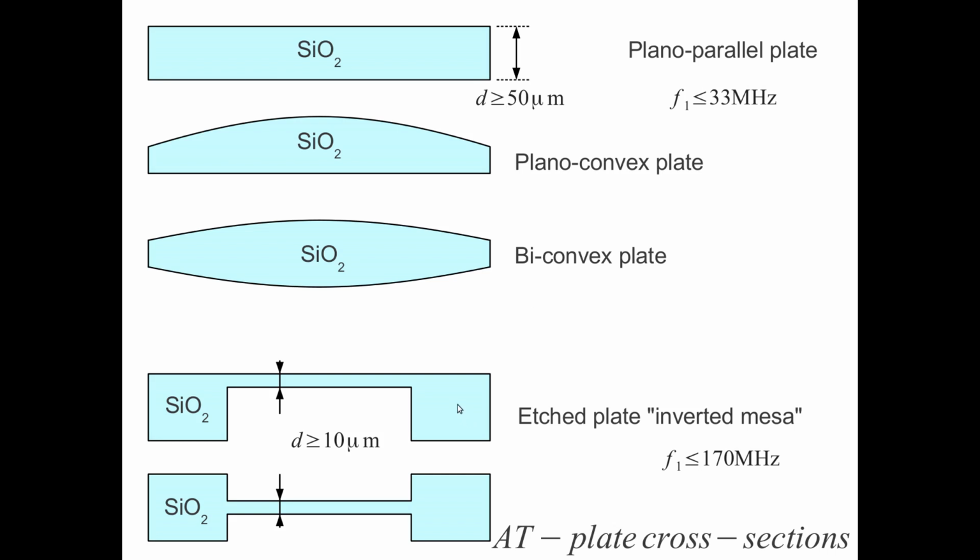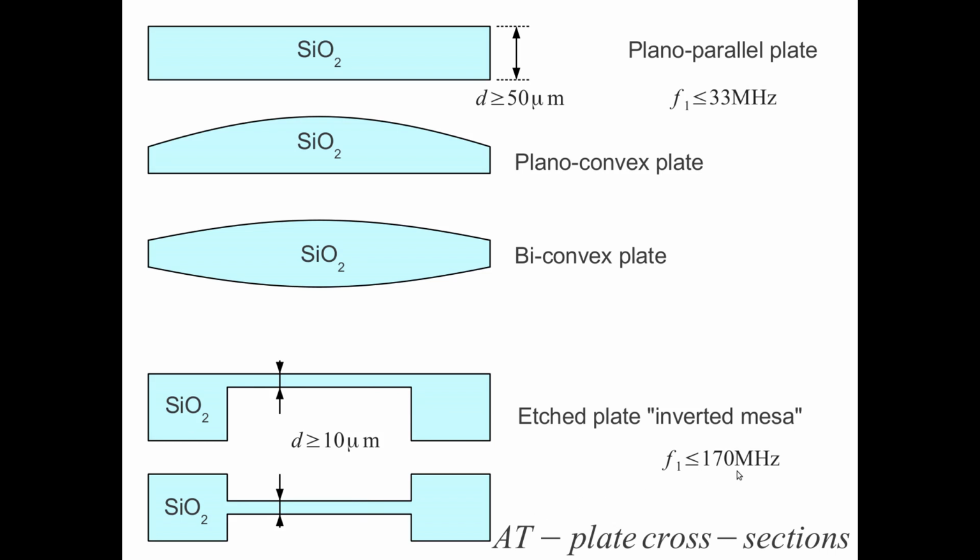Some companies are able to manufacture etched plates. So this inverted mesa etched plate may reach, in the active region, a thickness of just 10 micrometers. It may be etched from just one side or from both sides. So we have a thicker outer ring for mechanical ruggedness of the quartz plate, and a very thin region in the center to obtain higher fundamental frequencies.